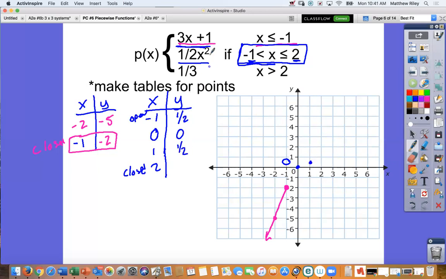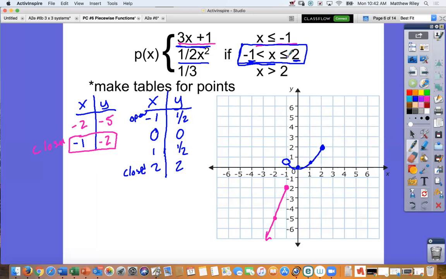Plug in 2. 2 squared is 4 times a half is 2, and that's closed. You guys learned in Algebra 2 that anything squared is a quadratic, it makes a parabola. But it only makes a parabola in between -1 and 2. Open at -1, closed at +2.